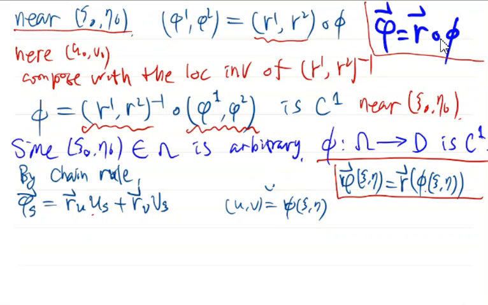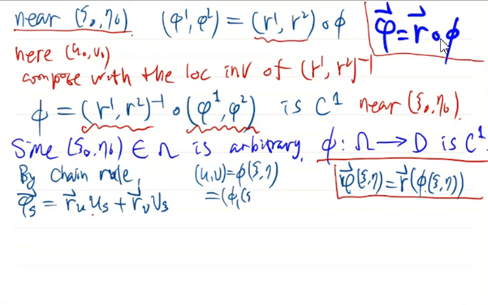Okay, so we have this equality plus the partial derivative of R with respect to its second variable, that is v, multiplied by the partial derivative of v with respect to c. Let me write this using this space. (u, v) is phi(c, eta), that is phi1(c, eta), phi2(c, eta).